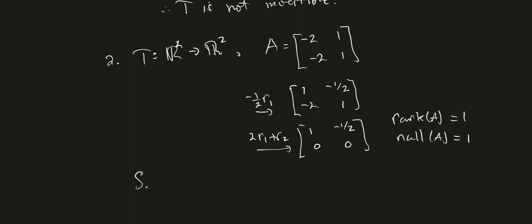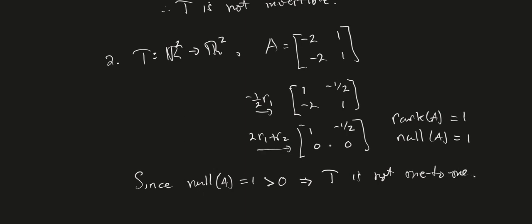So since the nullity of A is greater than 0, that means the kernel consists of more than just the 0 vector. This implies that T is not 1 to 1.